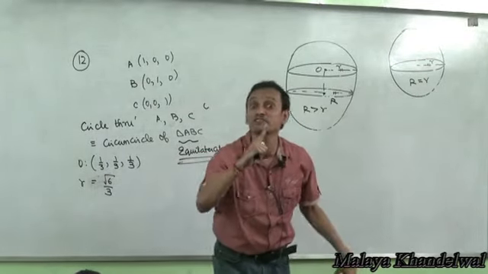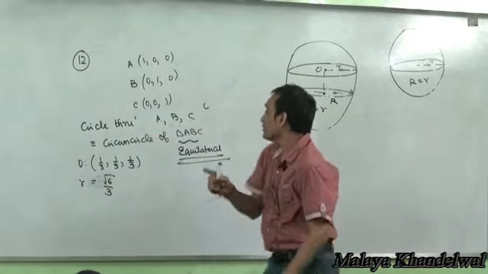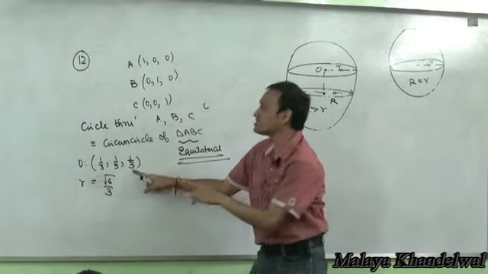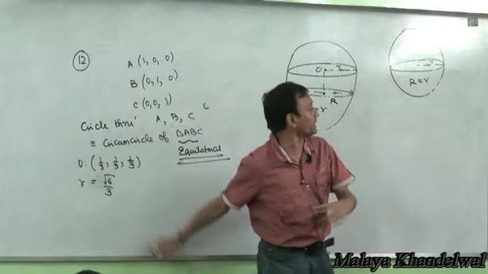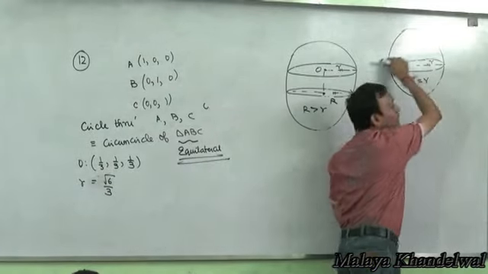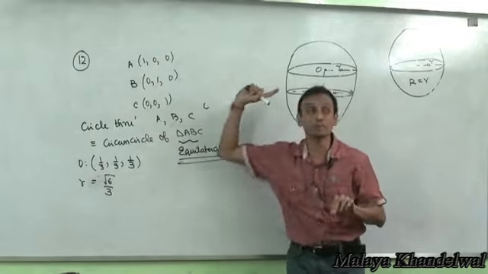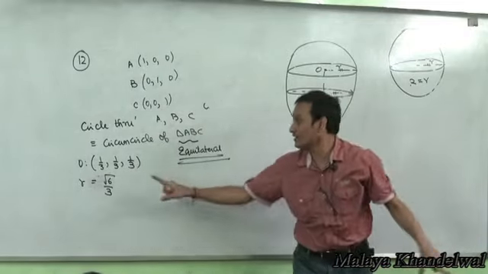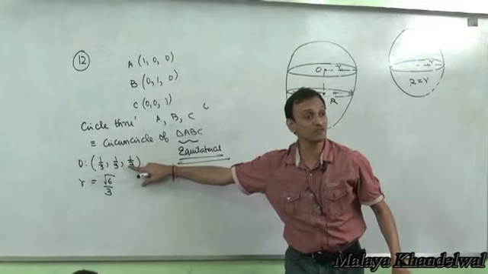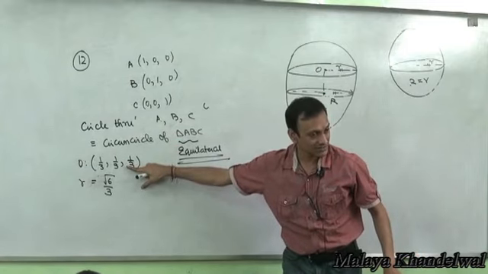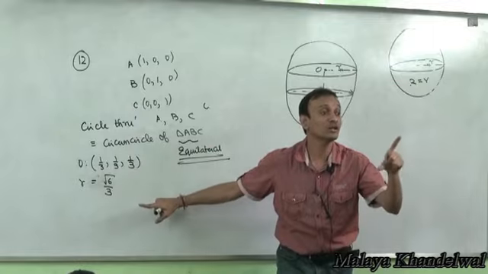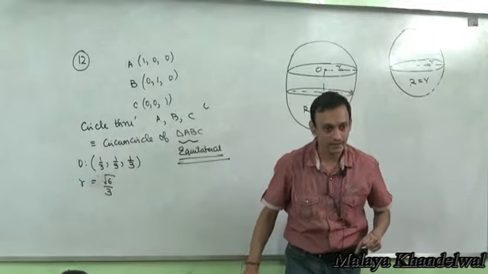That means the sphere of smallest radius would have its equatorial circle coincide with this circle. That means the radius of the proposed sphere would be small r, and the center of the sphere would be this, right? That would be the sphere of the smallest possible radius. Got me?